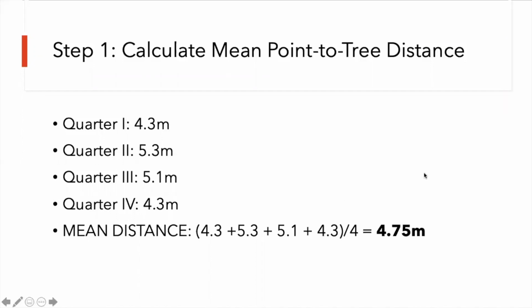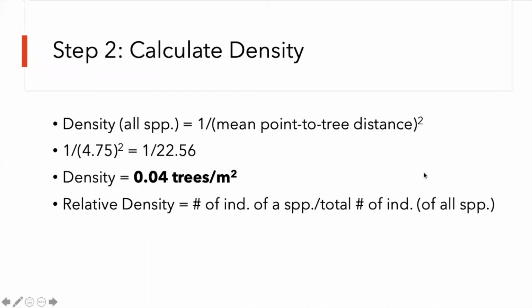So after we get that, we're going to calculate the density, and in this case we're looking at the density of all species, because in our example we didn't distinguish between different tree species, but in your study you might be looking at the density of ponderosa pines, for instance.